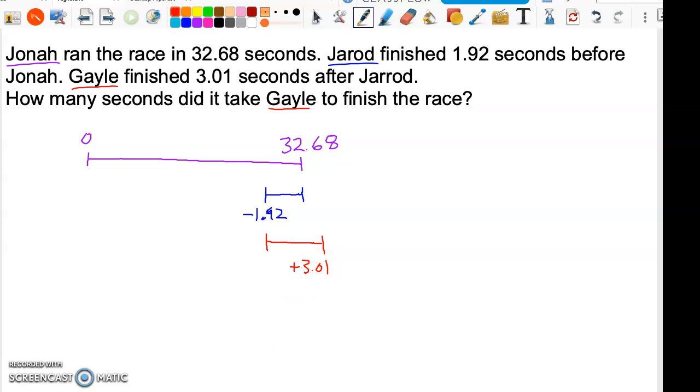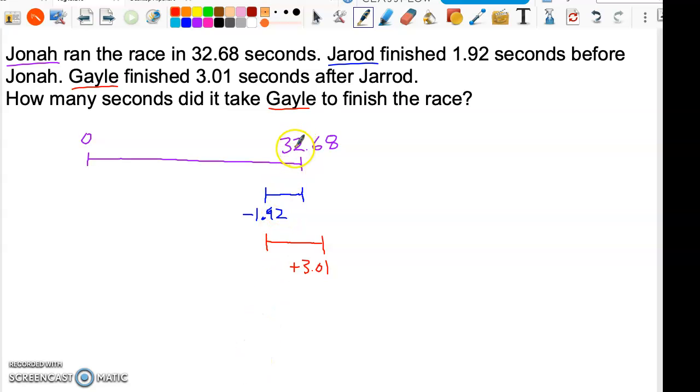All right, so you can see that Jared finished before Jonah. Jonah finished after Jared. And then Gail, you can see just by the chart here that she finished after Jonah, right? And after Jared.